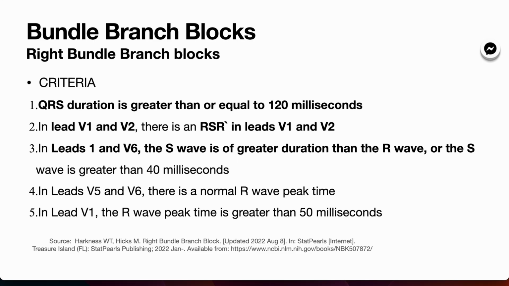In leads V1 and V6, you can see that the S wave is of greater duration than the R wave, or the S wave is greater than 40 milliseconds. And in leads V5 and V6, there is a normal R wave peak time, and in lead V1, the R wave peak time is greater than 50 milliseconds.